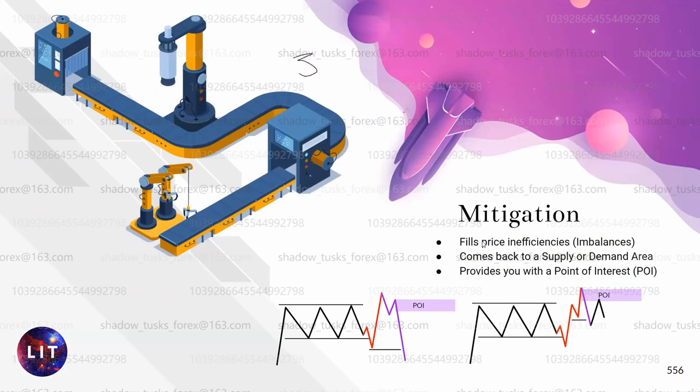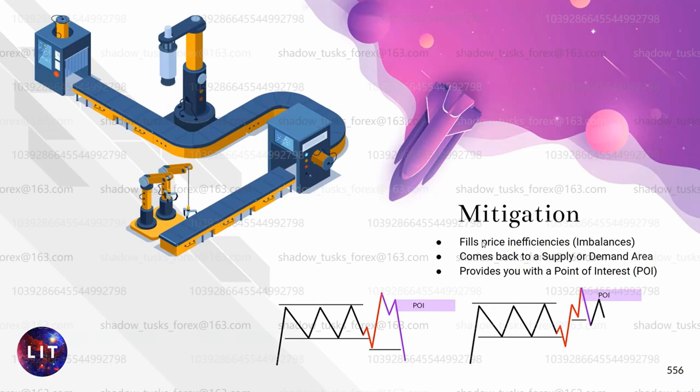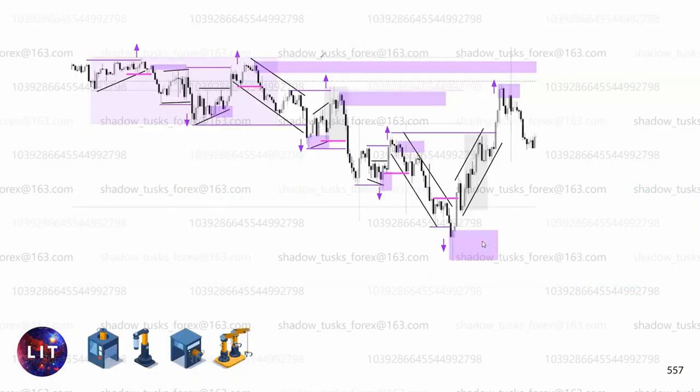Comes back to a supply or demand zone. So obviously a supply zone would be like your last buy candle before the sell off, and your demand would be the opposite. And then obviously provides you with a point of interest. All right. So these are our potential mitigations.